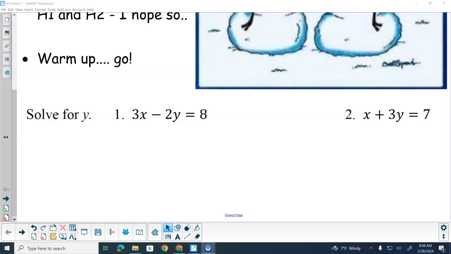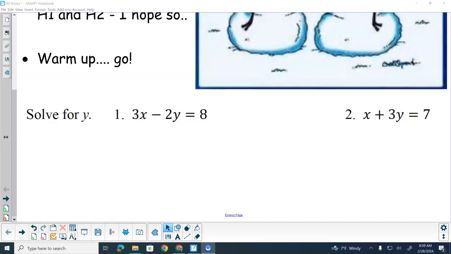When we're solving for y, we want it to look like y equals. So we want to get y by itself, right?